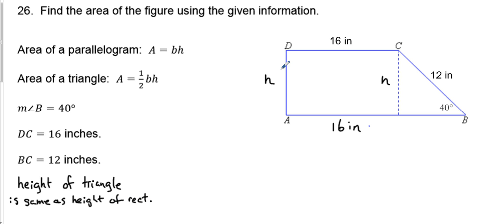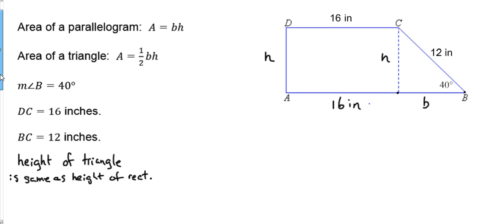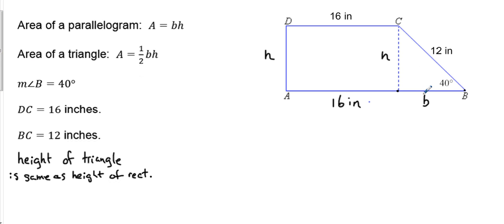So as soon as we find the height of the triangle, we'll also have the height of the rectangle. Now, we're also missing the base of the triangle. That's from here to here, so we're missing B. We're going to find those two things first, and in order to find the height and the base of the triangle, we're going to use our old friend, the trig ratio.